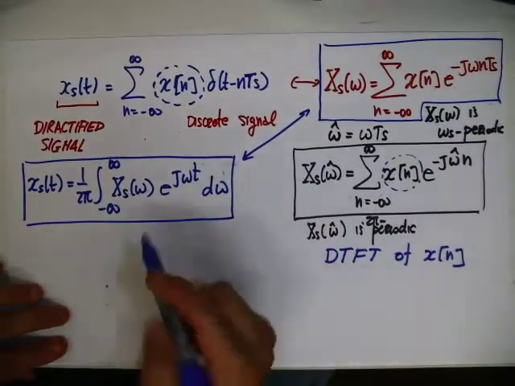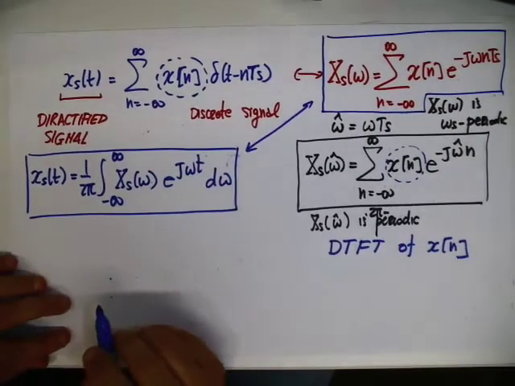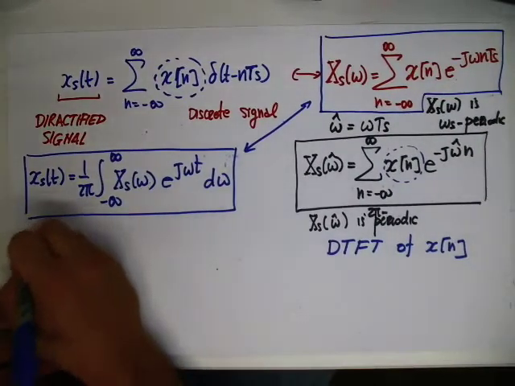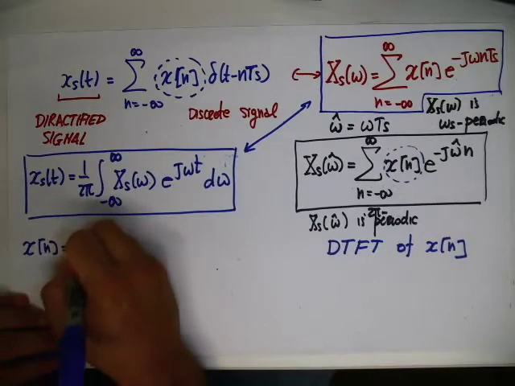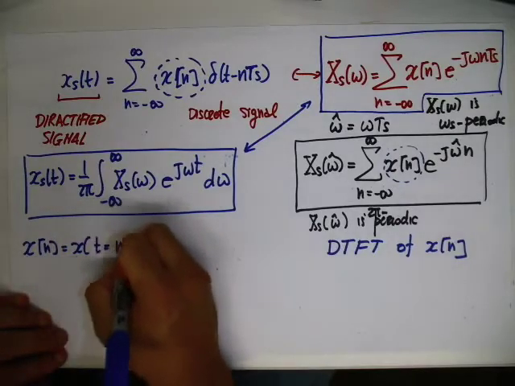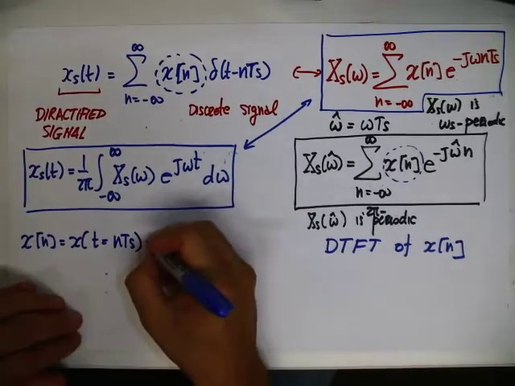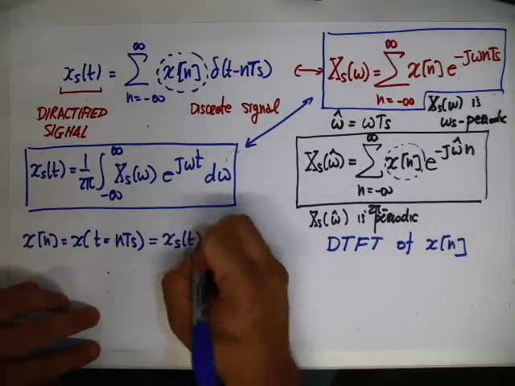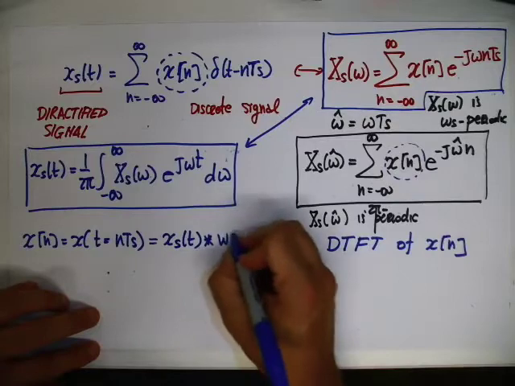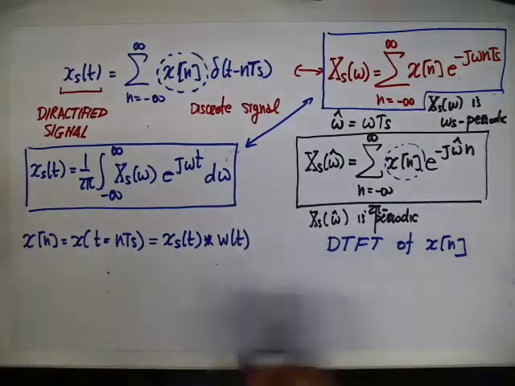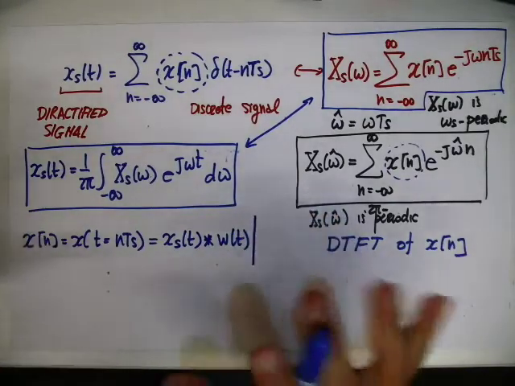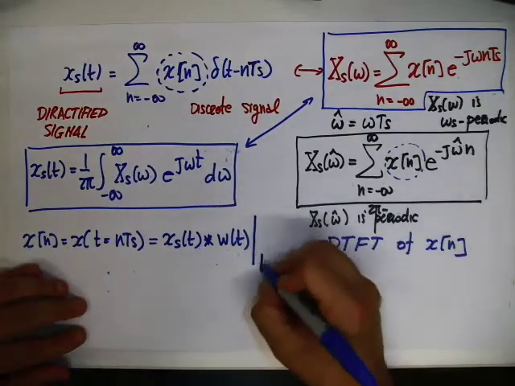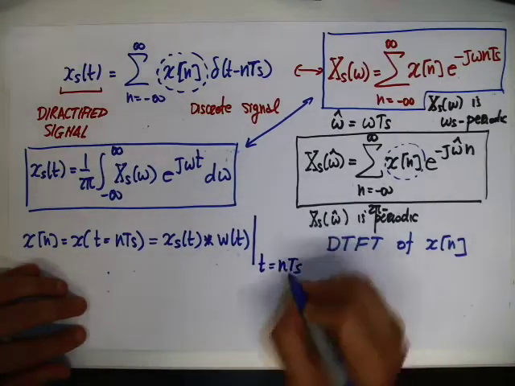However, we want to recover the discrete signal. So we saw that the discrete signal, which is basically the continuous signal sampled at nTs, is equal to the Diractified signal convolved with a very generic window, which has to satisfy a few properties, and computed at t equal n Ts.